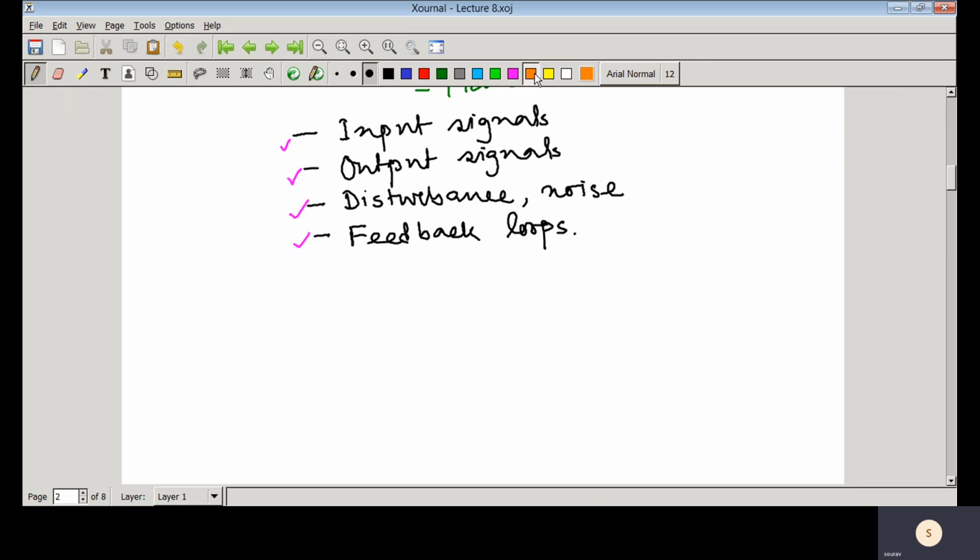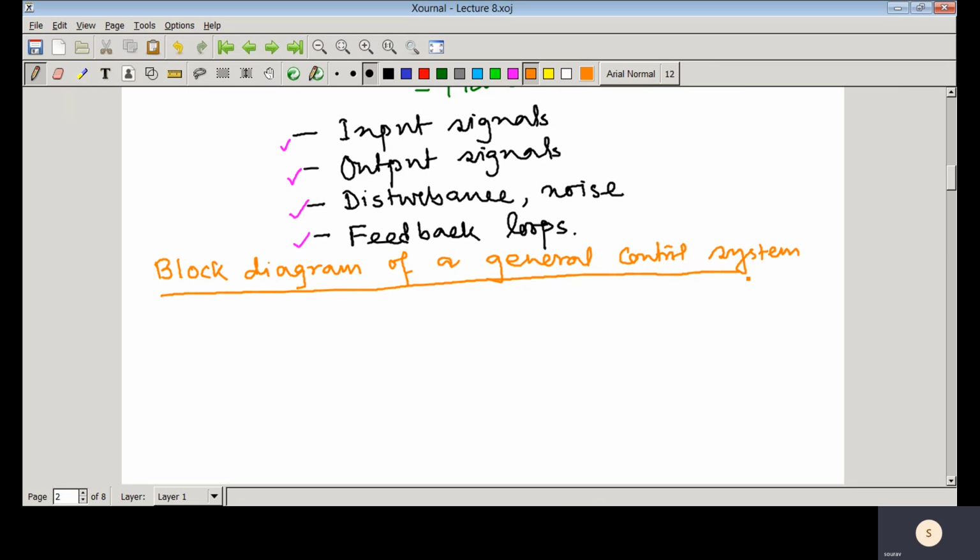This one is the block diagram of a general control system. That means the standard control system. So if we consider a closed loop feedback control system, what are the standard blocks involved in that loop? So we are going to see this.